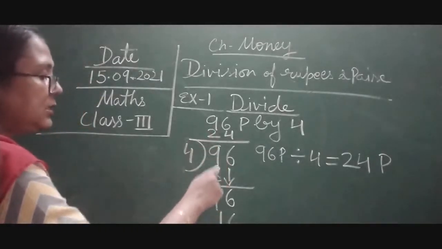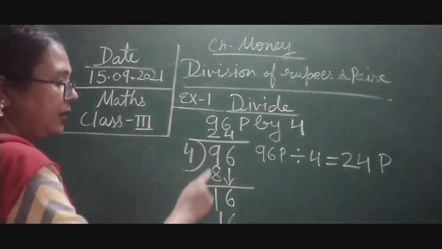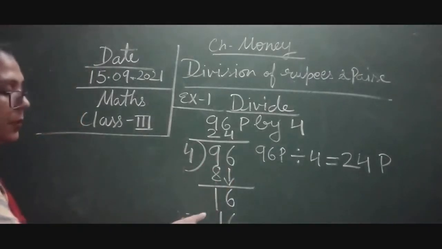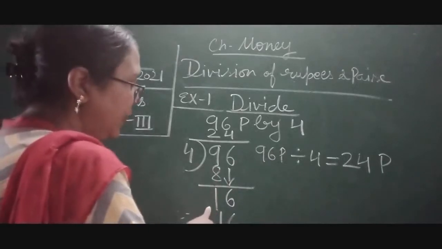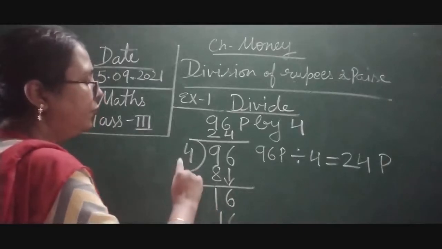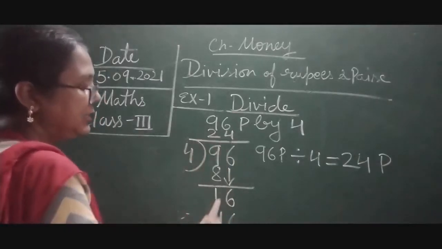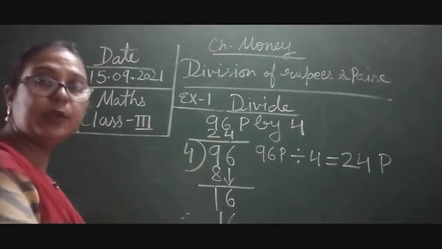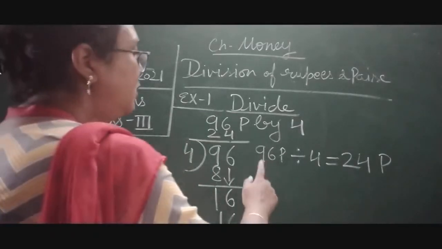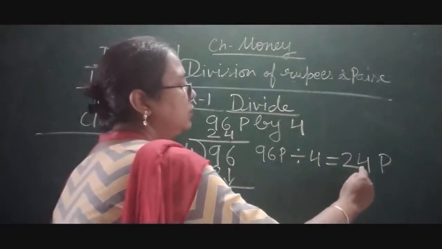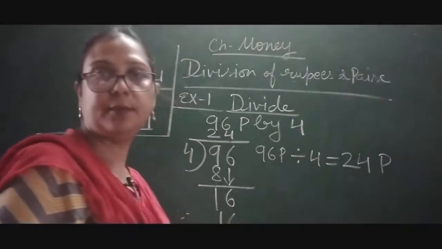Because 9 is bigger than 8, it is easy to subtract. We write 1, drag down 6, then 4 fours are 16. Now 16 is cut, so 24 is the answer. So 96 paise divided by 4 equals 24 paise.